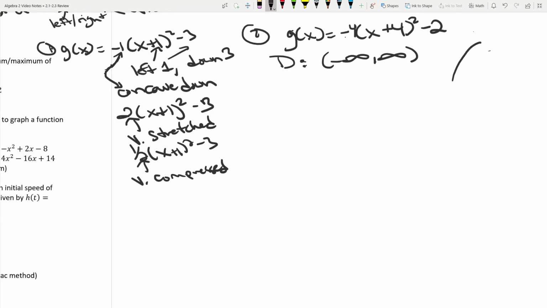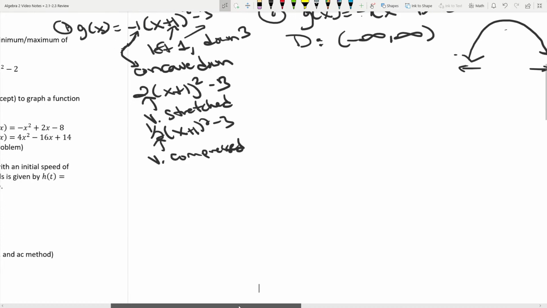So it's going forever in the negative x direction, and forever in the positive x direction. So we get all real numbers in the x direction. Whenever you see a quadratic, automatically negative infinity to positive infinity.